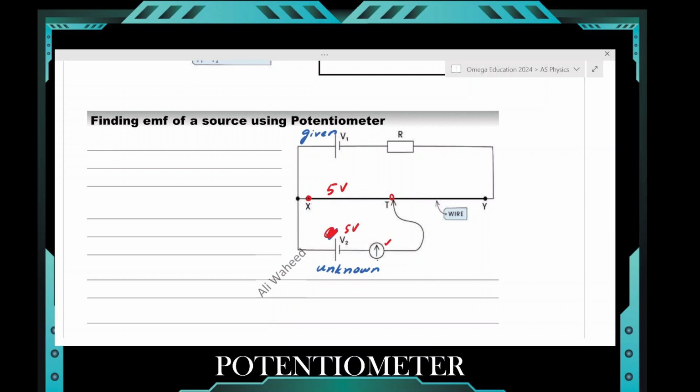So what do we do? We keep changing the position of this terminal until the galvanometer reads no current.